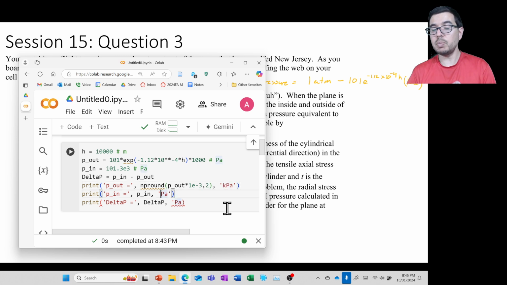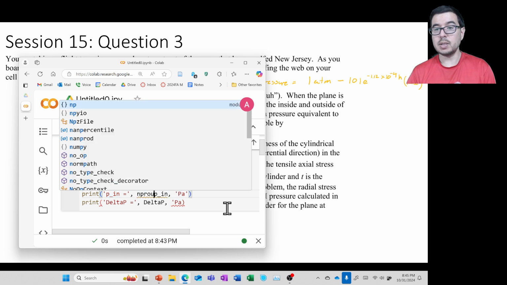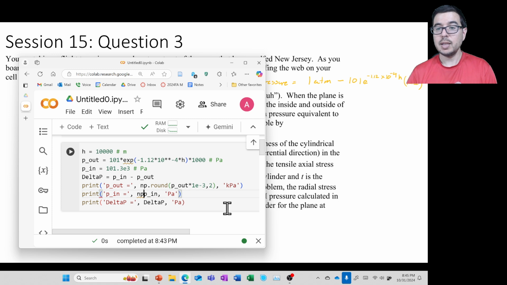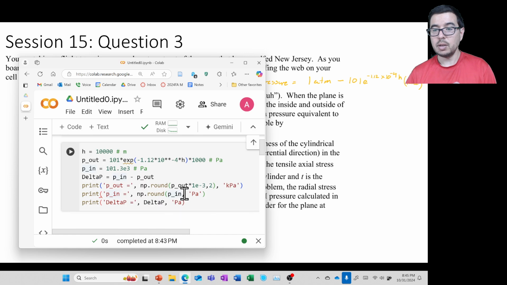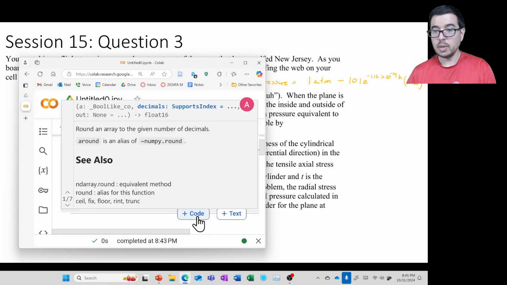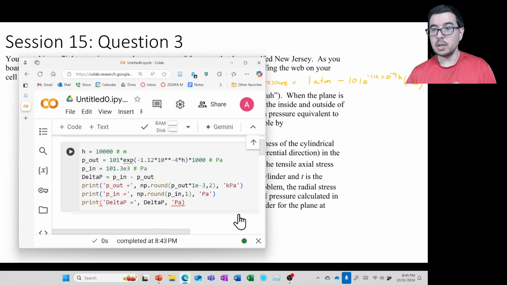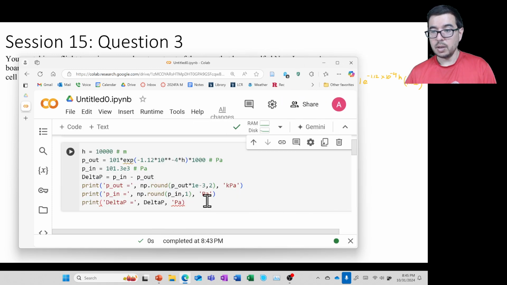But P out we'll keep in terms of pascals for the calculations. This one, sure, we can spit this out, but it's really pretty trivial. Now I can't see anything. Here we go.